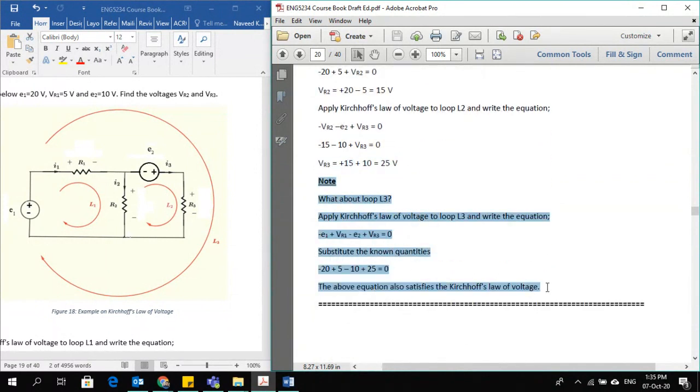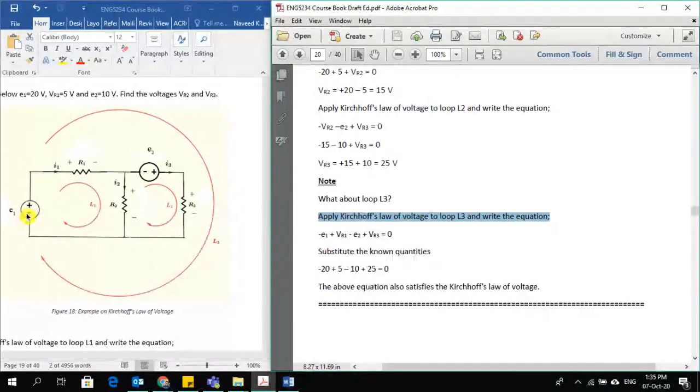Now is an additional step. What about loop L3, the outer loop? If we apply Kirchhoff's voltage law, that will also be satisfied. It should prove to us that the voltage on this loop is equal to zero. So let's follow this current path, the red arrow.